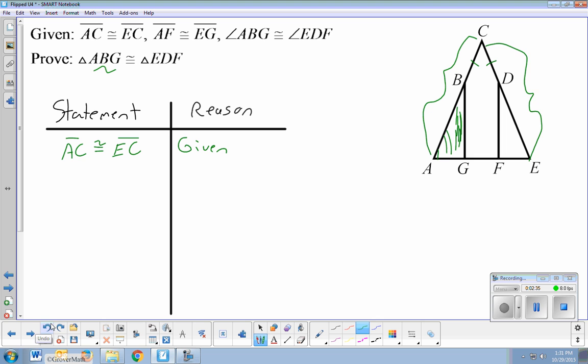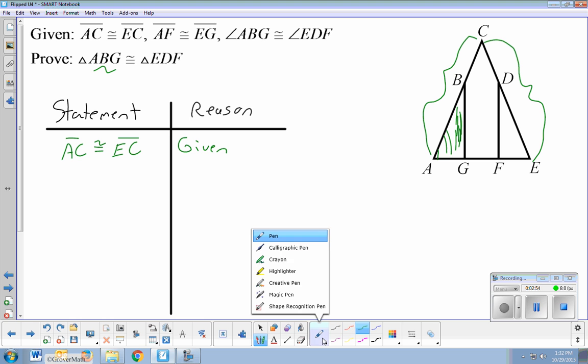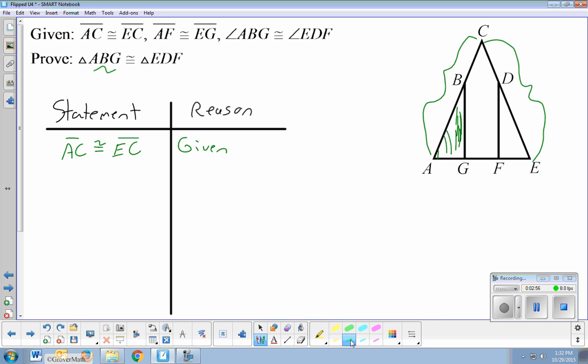It's possible that you could come across a proof that does involve that type of subtraction, but that's not what this is really going for. When you're given two segments congruent that happen to also be segments of a triangle together, like you see how AC and CE are congruent, and together they form a single triangle ACE, so they're two sides of a single triangle.